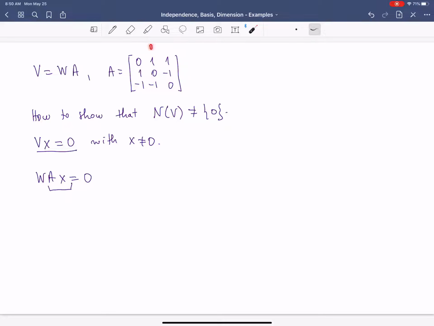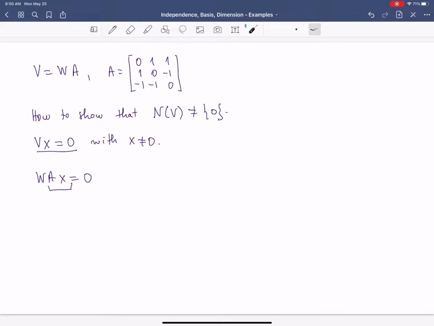So maybe I multiply this one by a 1, that one by a negative 1, or the other way around. And then it turns out that the first column and the third column have to have the same coefficients, because I want to be able to add 1 and negative 1. And then the first and the second have to have opposite signs. So the vector 1, negative 1, 1 should do the trick.